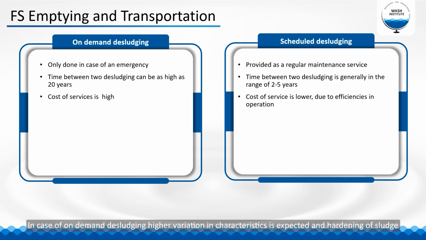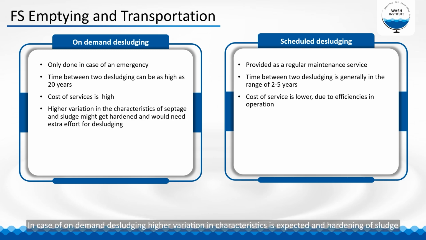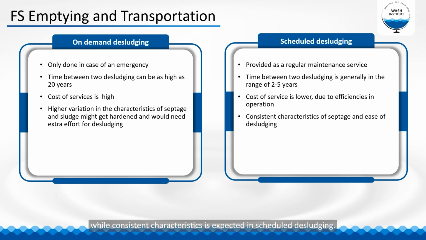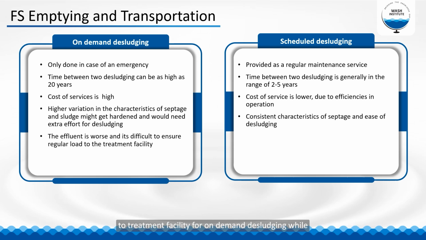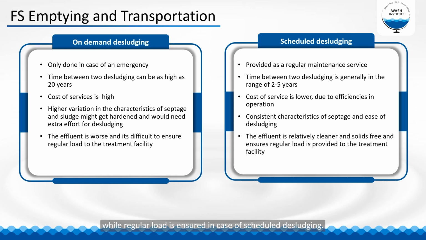In case of on-demand desludging, higher variation in characteristics is expected and hardening of sludge at the bottom of the tank will demand extra effort during desludging, while consistent characteristics is expected in scheduled desludging. In on-demand, the quality of effluent is worse than in scheduled and it is difficult to ensure regular load to treatment facility for on-demand desludging, while regular load is ensured in case of scheduled desludging.